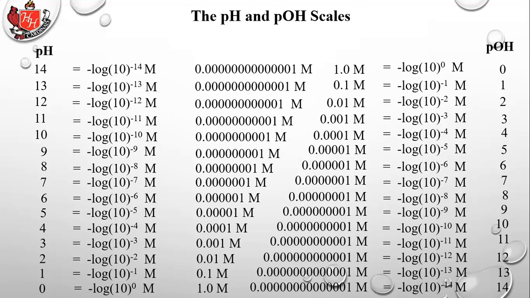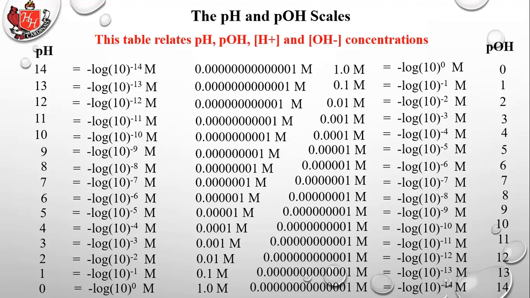So you can just study that for a second and see the relationship between pH and pOH. Both of them, when added together for any given solution, are going to add up to 14. So this table relates pH, pOH, hydronium ion concentration H+, and hydroxide ion concentration OH-.